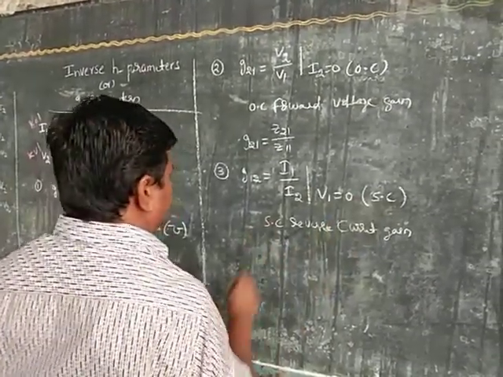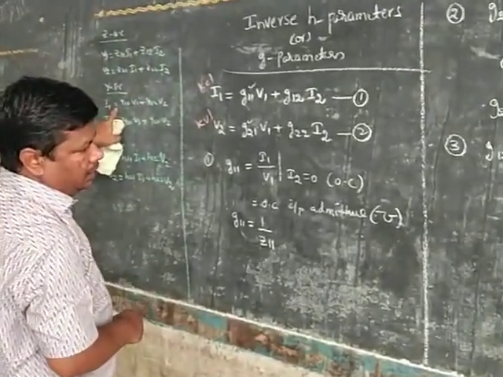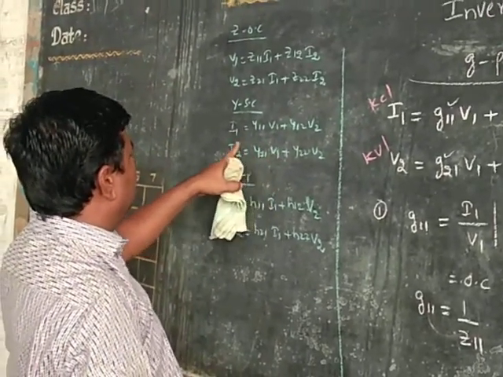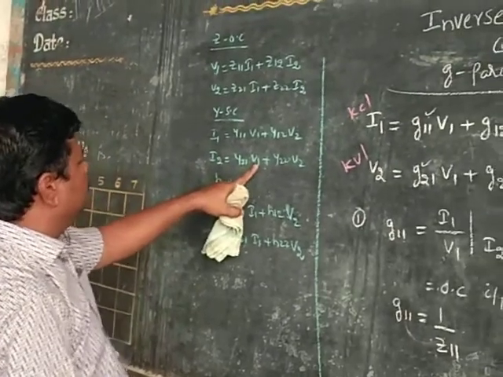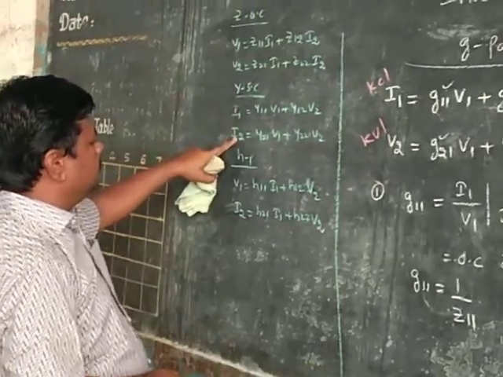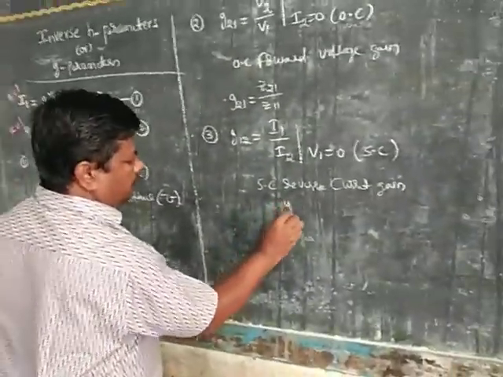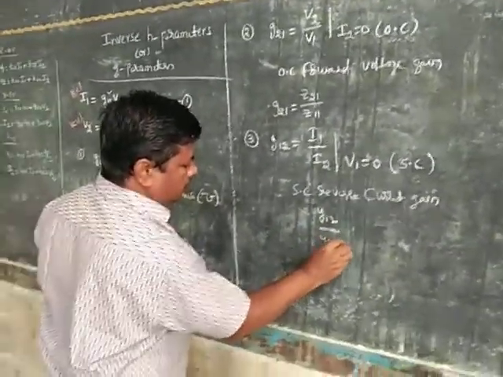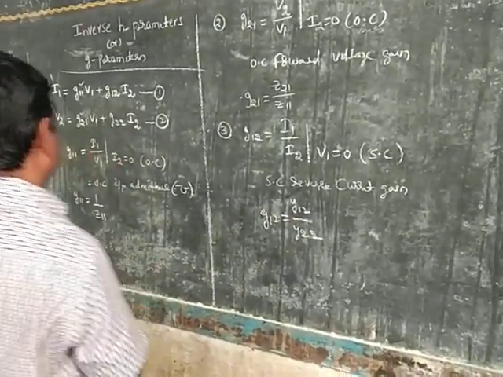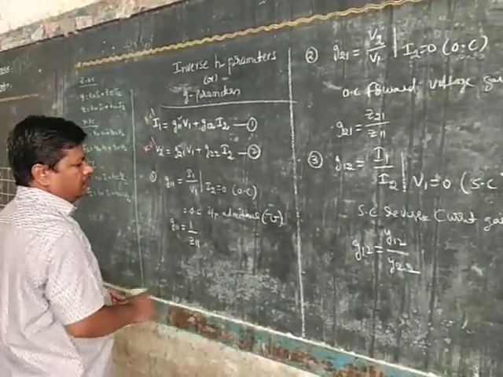It is a short circuit parameter. Observe here, in short circuit Y parameters, when V1 is equal to 0, I1 by I2 is equal to Y12 by Y22. There are no units, current by current.